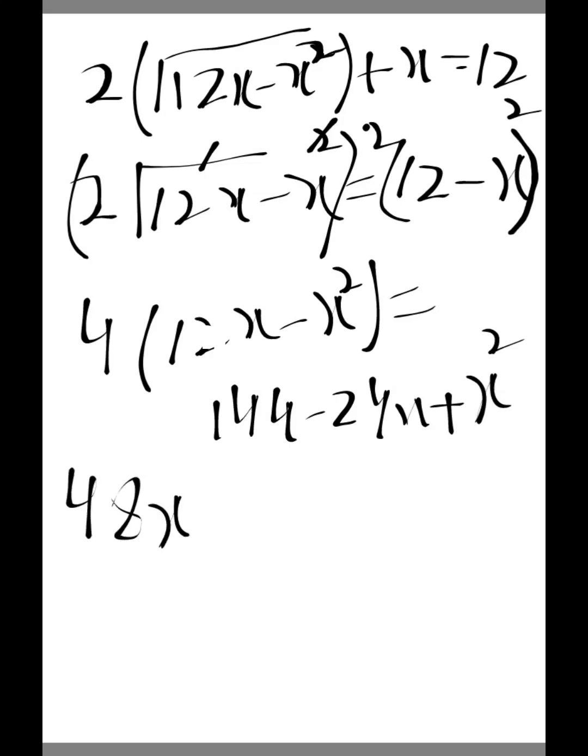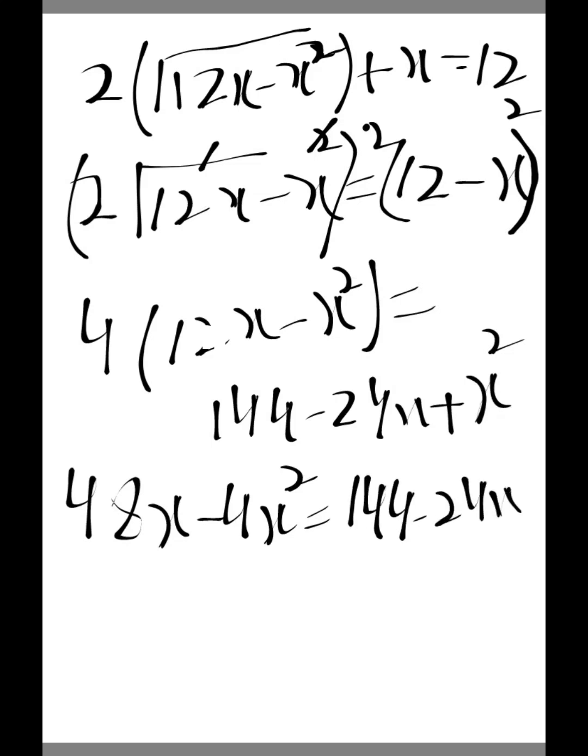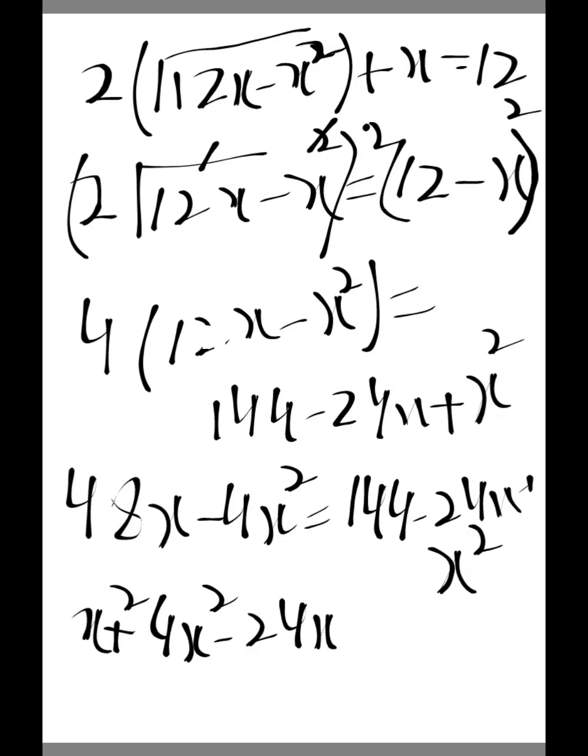Now 4 times 12x will be 48x minus 4 times x square will be 4x square, is equal to 144 minus 24x plus x square. So writing like terms together, negative 4x square will be positive on the right hand side, so it will be x square plus 4x square, minus 24x.